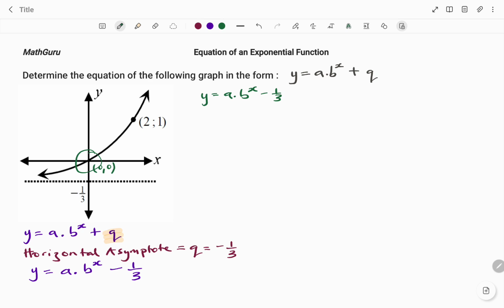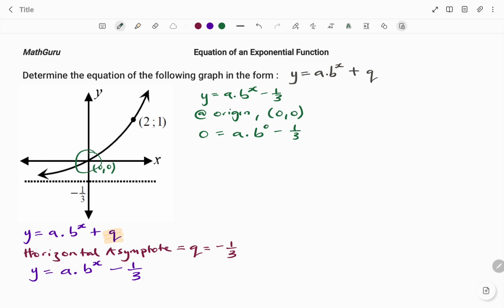So substituting for my y and x, at the origin I have the coordinates (0, 0). So therefore, y is 0 equals a times b to the power of, my x is also 0, minus 1/3.